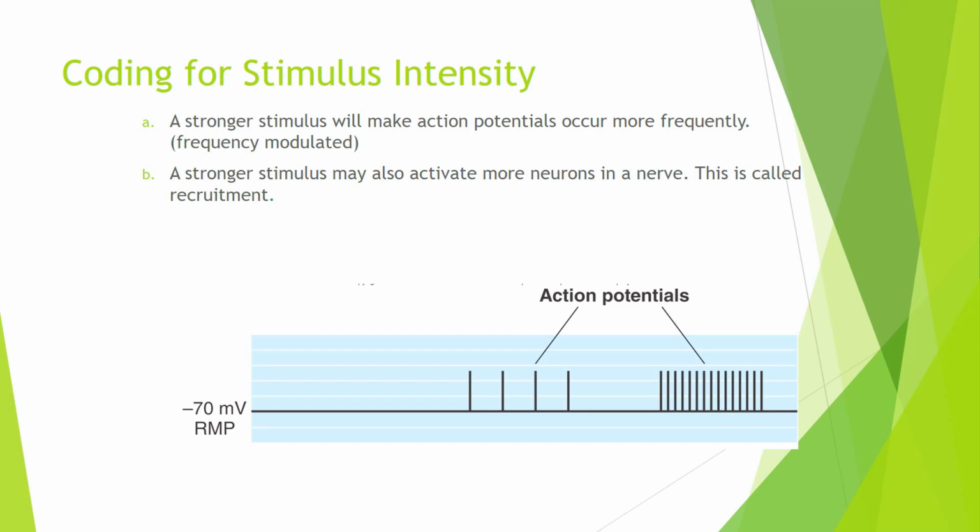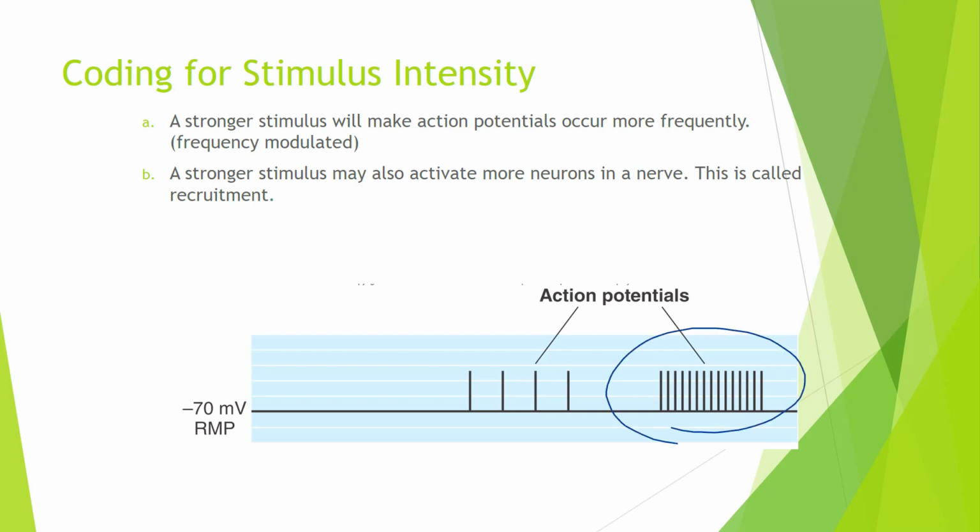Again, as we said earlier, we can't generate a greater action potential. Rather, we can only affect the frequency of the action potential. And this is what's termed the coding for stimulus intensity. So a strong stimulus may make action potentials occur more frequently, like what we see here in this figure.